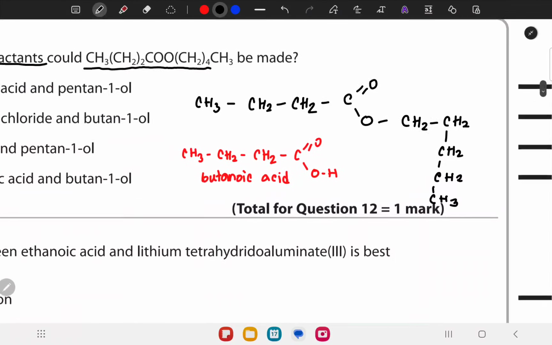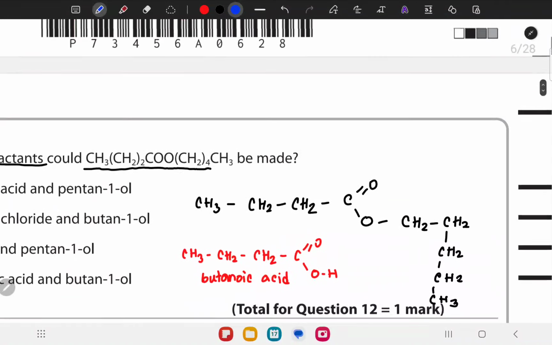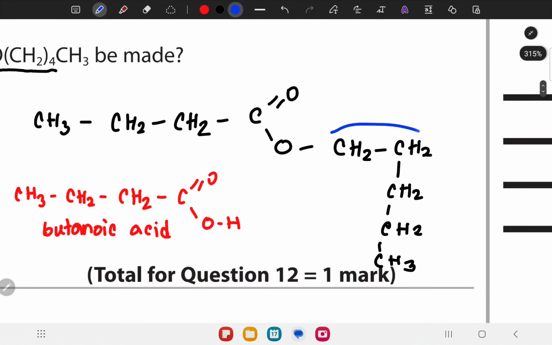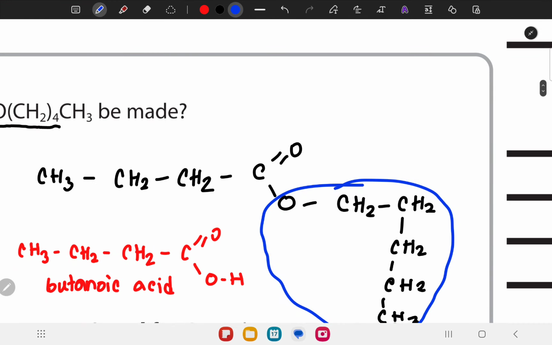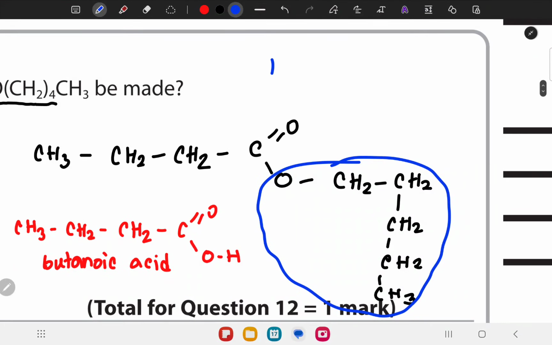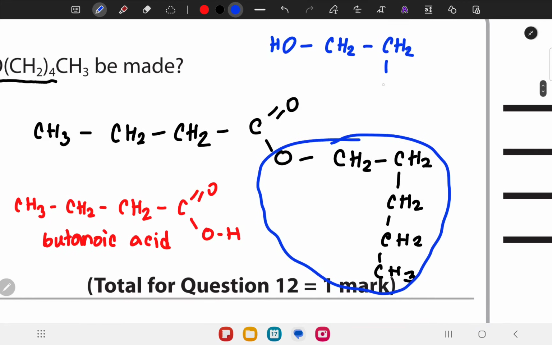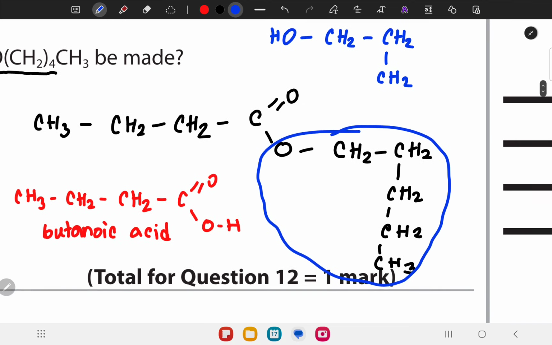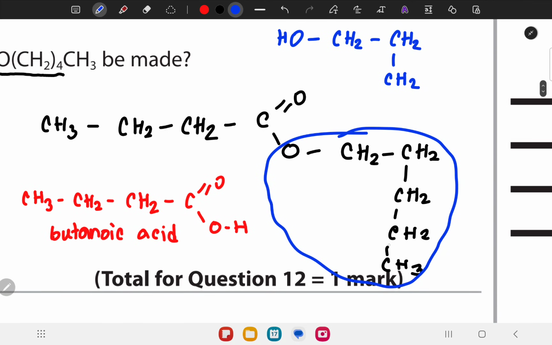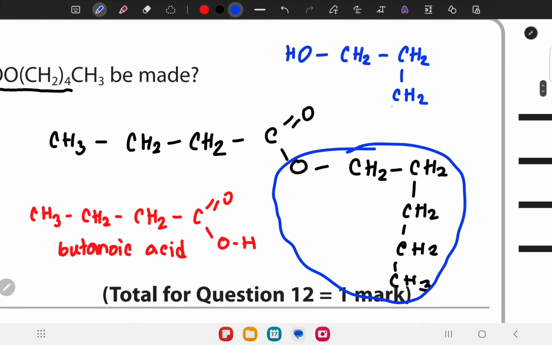And if we try to find out why it's pentanol on the other end, this will be the part which has the OH. So we'll have OH CH2 CH2 CH2 CH2 CH3, 1 2 3 4 5.